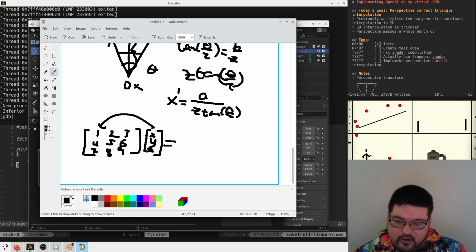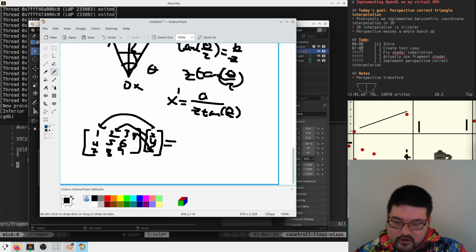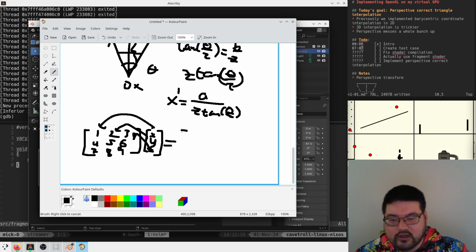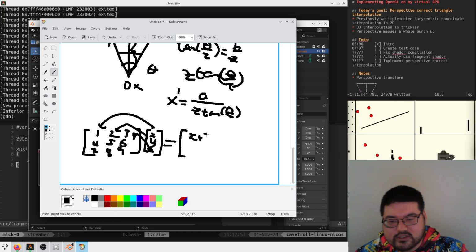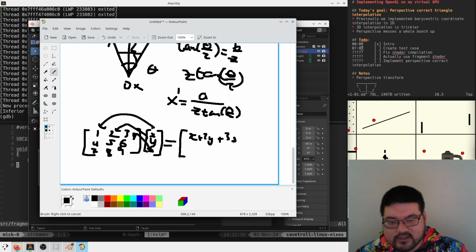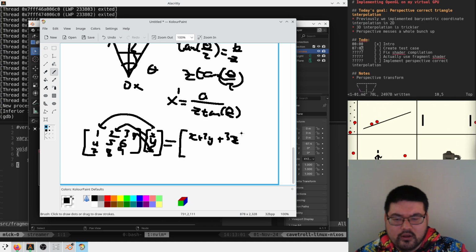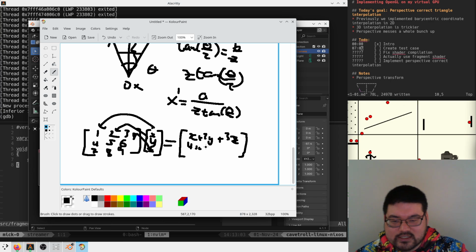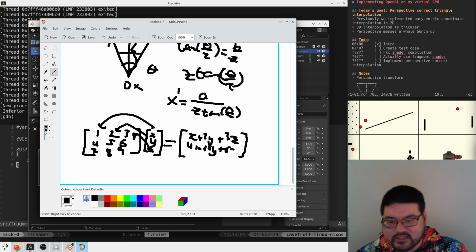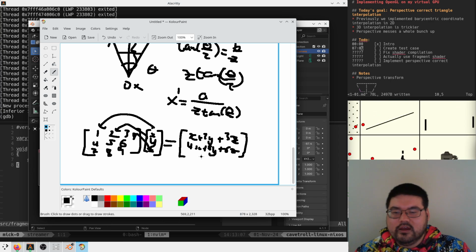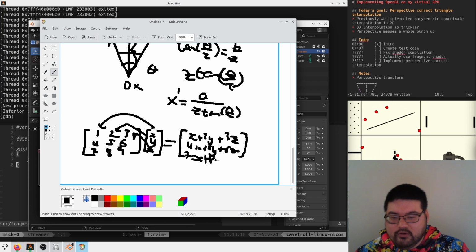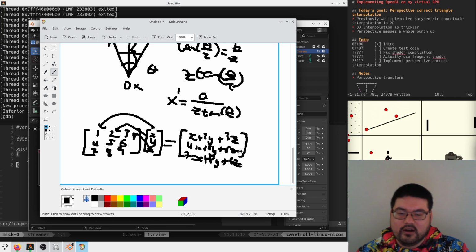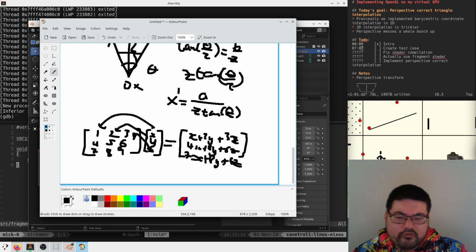So you take the x here, the y here, and the z here. This turns into x plus 2y plus 3z as the new x value, then 4x plus 5y plus 6z, and 7x plus 8y plus 9z. That's the new output.